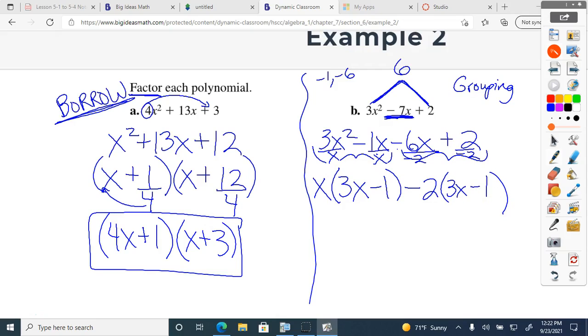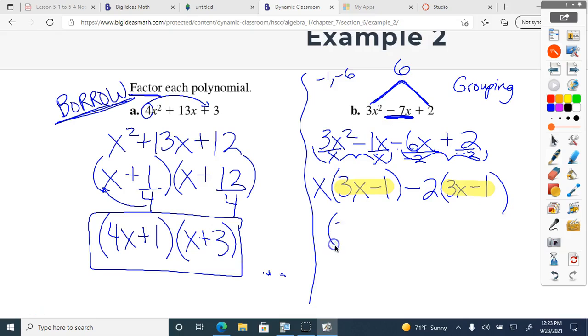Okay? Here's the part that gives people trouble. This and this are what? They're the same. So I can factor it out just like I did this x. See how they both have an x? So where'd I put the x? I put it in the front. Well, these two both have a 3x minus 1.